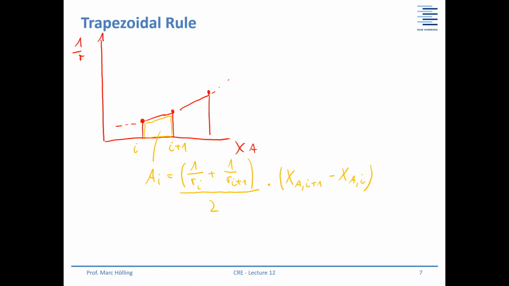And to get the whole integral, if you want to know your integral from 0 to 0.8 of 1 over r dx_A, then this is nearly the same as the sum of all i's from your A_i's.